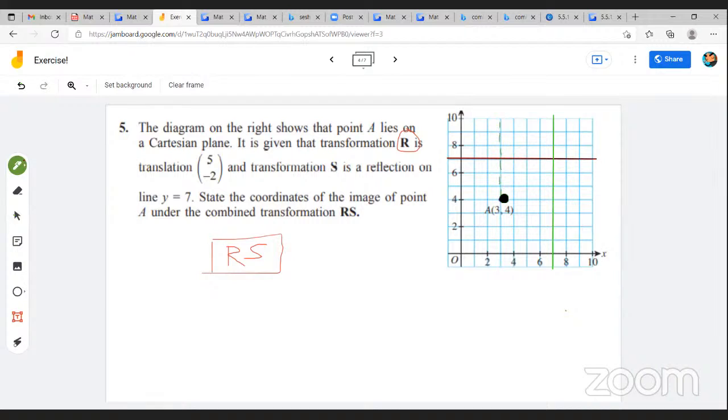So since this is three units away from the mirror, the image will also be three away from the line of reflection, and you'll be landing over here. So now we can try to write. If you're writing an answer, you have to write it like this: A (3, 4) under transformation S like this, and then you write the next coordinate. So what's the coordinates after S?